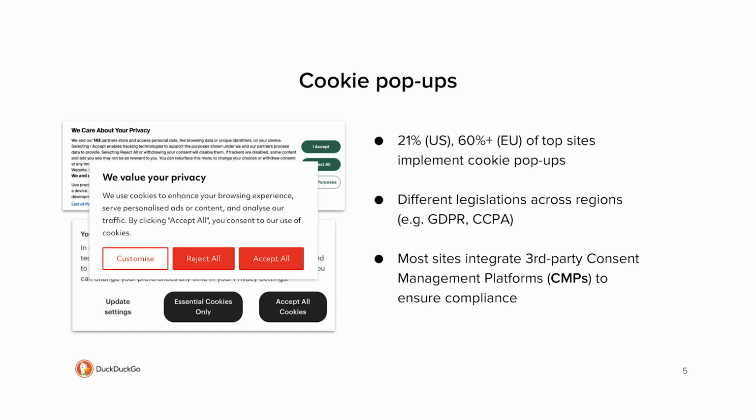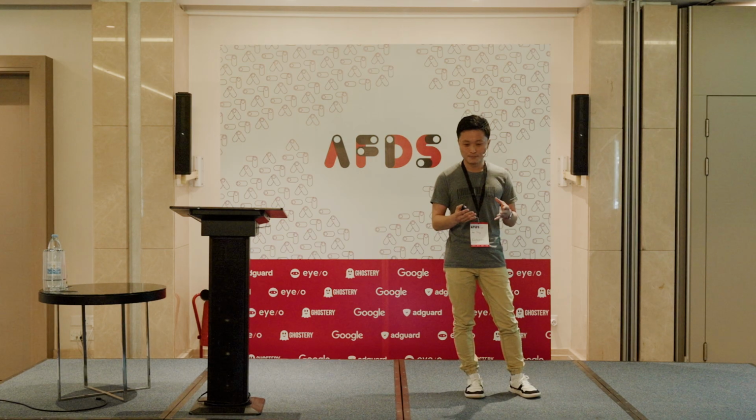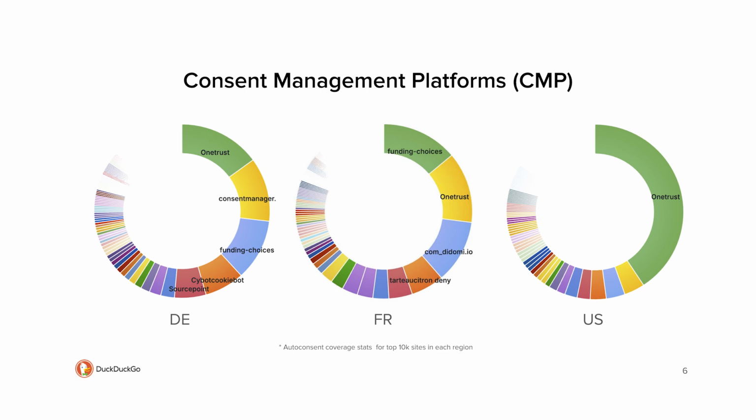So most of them, they decide to integrate third-party solutions that do the heavy lifting for them. These are called consent management platforms, or CMPs. And this is how you ensure compliance.